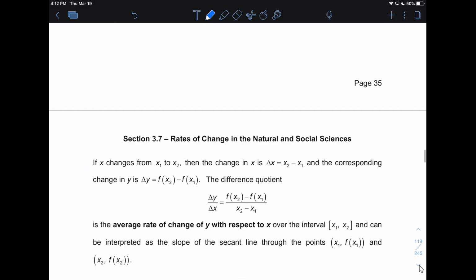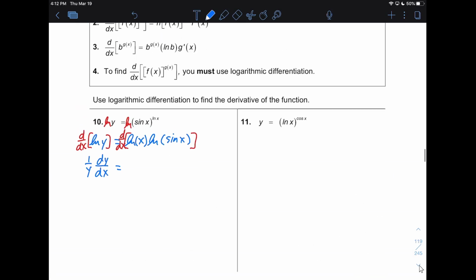So it's the first function, ln of x, times the derivative of the second, which would be 1 over sine of x, and then times the derivative of the inside function, which is cosine of x. Now I'll just call that over 1. And then plus the second, ln of sine of x, times the derivative of the first, which is 1 over x.